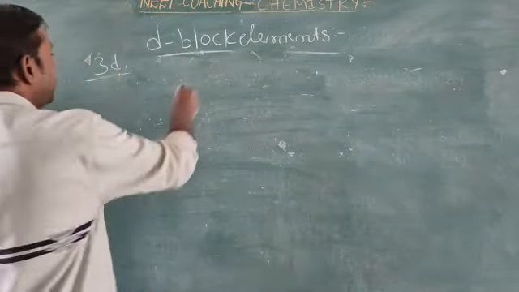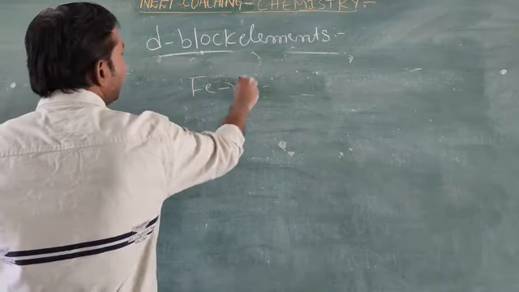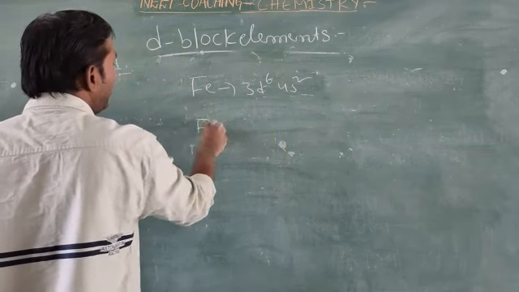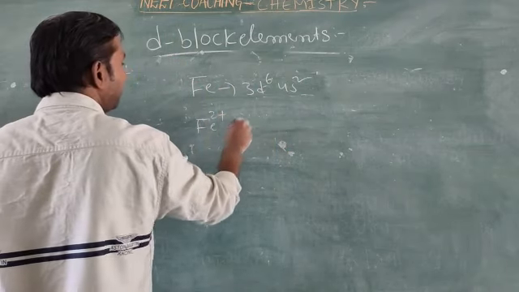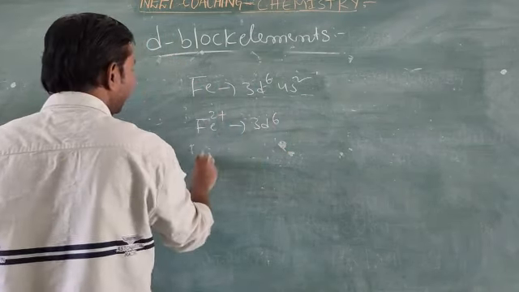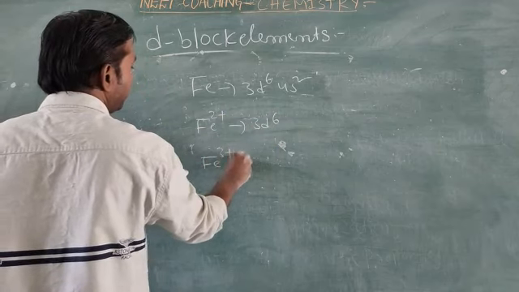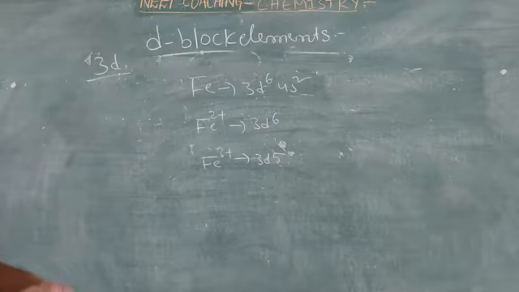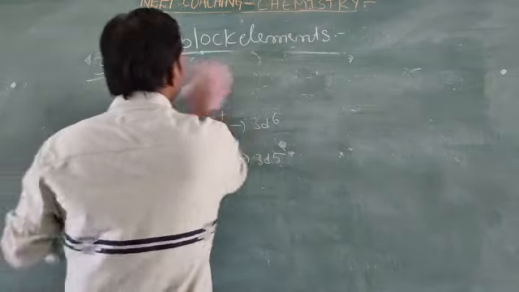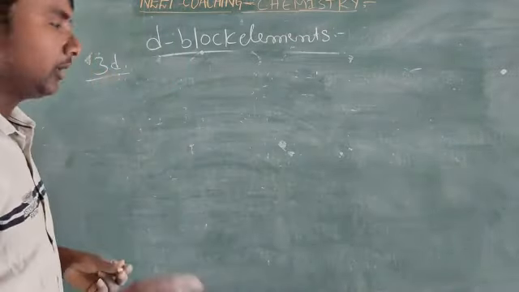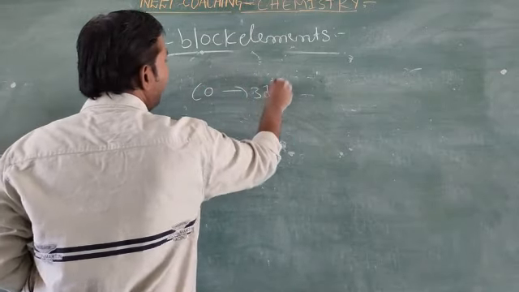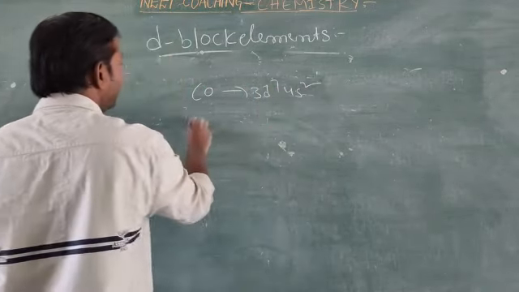Next, iron 3d6 4s2. For example, iron 2 plus, Fe2 plus, 3d6. Fe3 plus, 3d5. Next, cobalt 3d7 4s2.